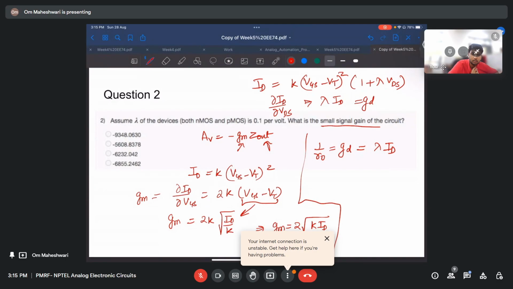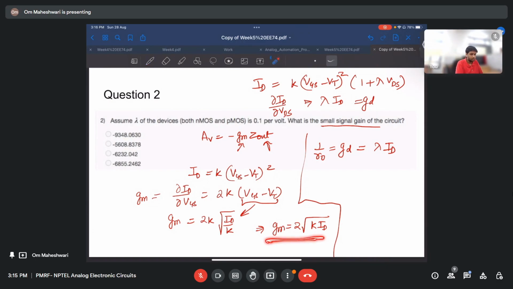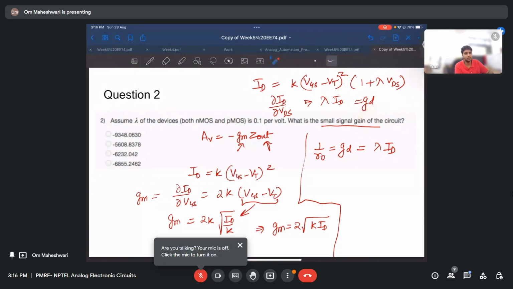Can we do this approximation in this question? Yeah. In the whole analog course, we take GM like this only. So while calculating GM, we do not consider the channel length modulation part. But it itself is there, that is why we have something as GD. But generally, GM is much greater than GD, so this approximation is fair. Okay, sir.